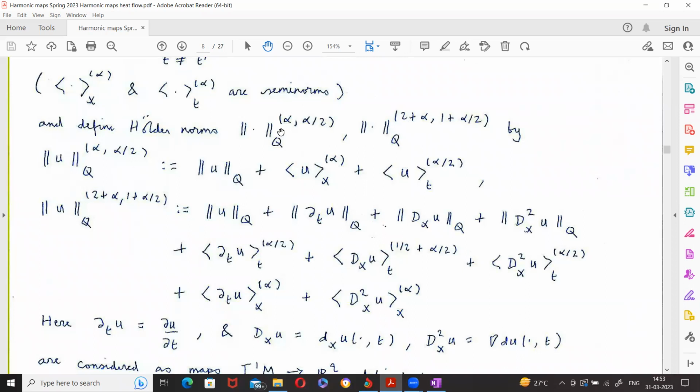That's because you're taking two space derivatives versus one time derivative in the heat equation. So it turns out the right Holder norms to look at are alpha in the space variable and alpha by 2 in the time variable.